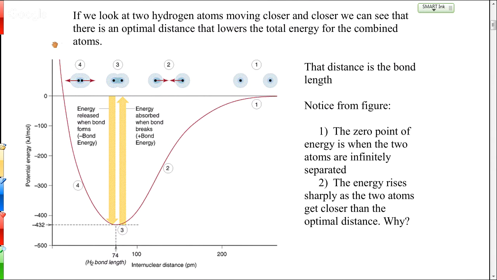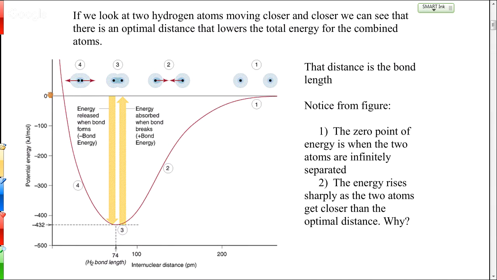Why do you think it shoots way up as we go to the far left? What's happening in this situation over here? Take a look at that figure. Essentially, they're on top of each other.